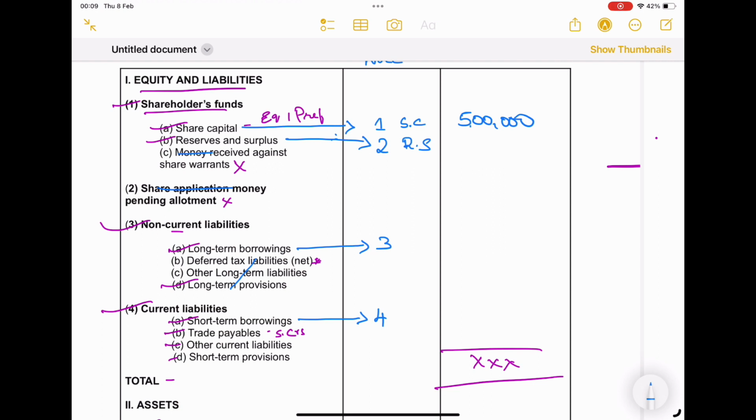Next, note 5 for other current liabilities. Next, note 6 for trade payables. You can write it in order, or you can reverse it. Okay, no issues. Next, note 7 for fixed assets.